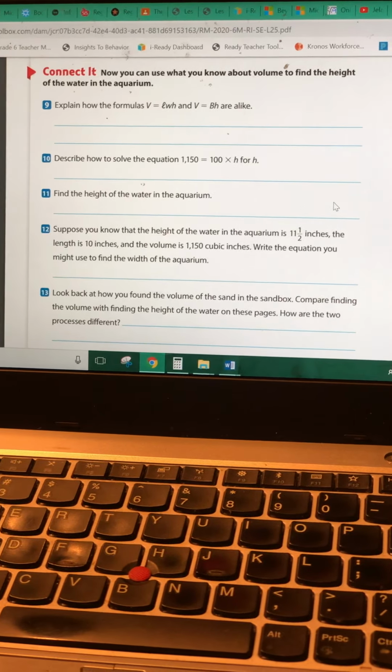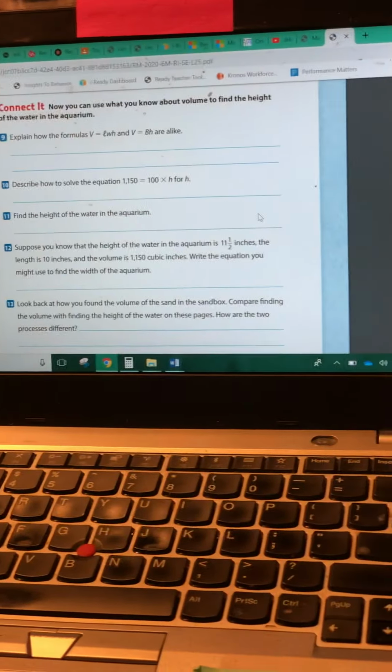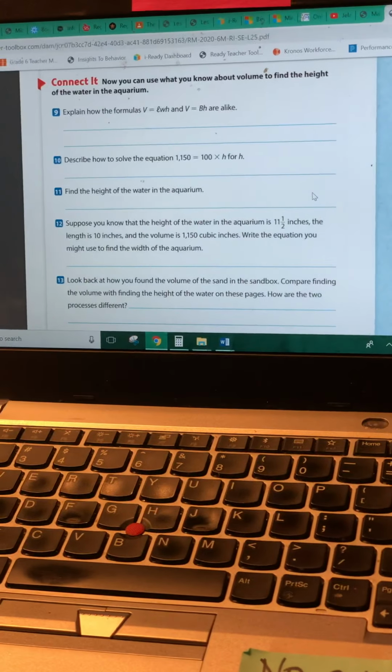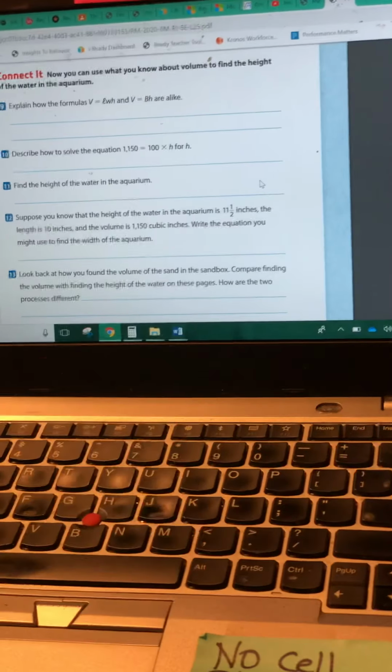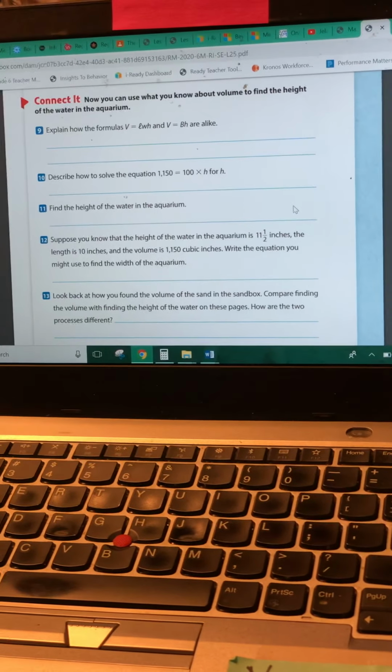So for number 10, excuse me, y'all know we all make mistakes, I'm just going to say that we will divide by 100 on both sides.